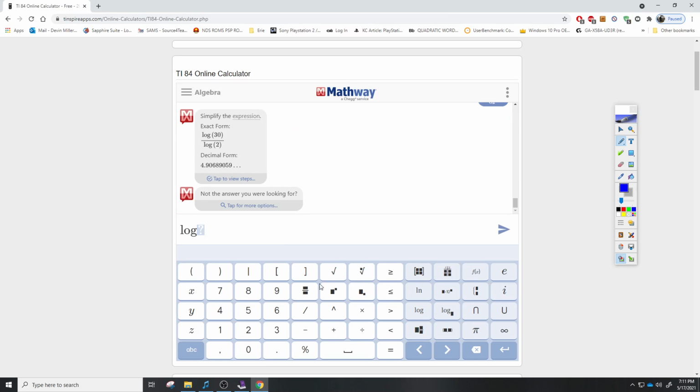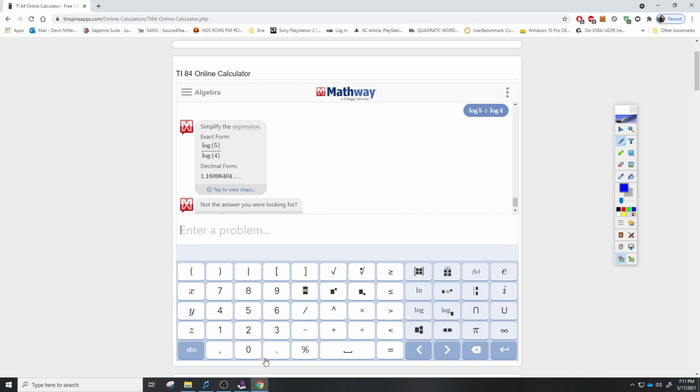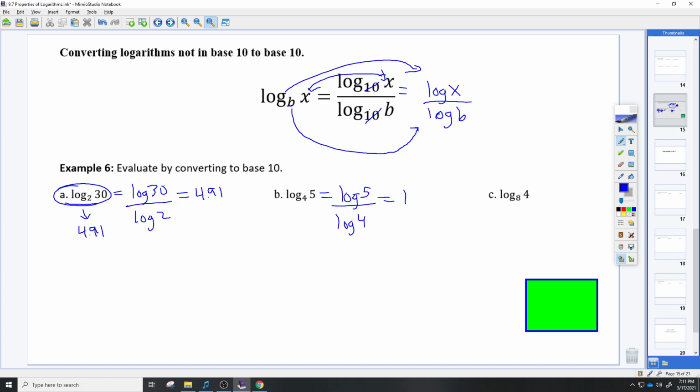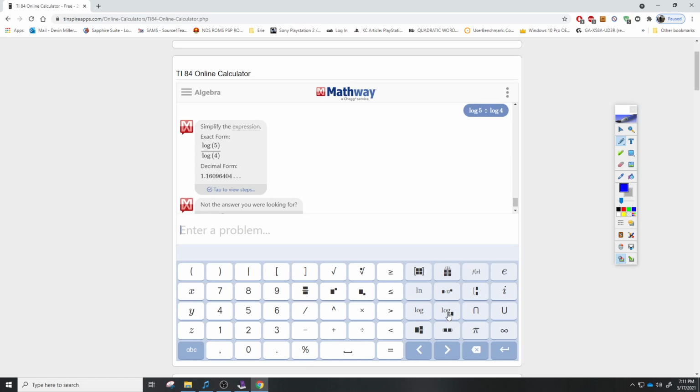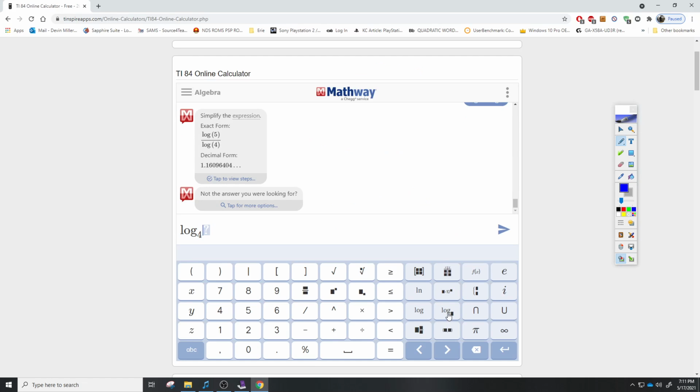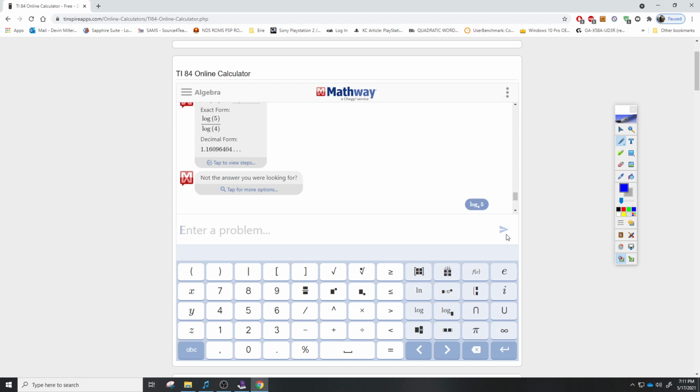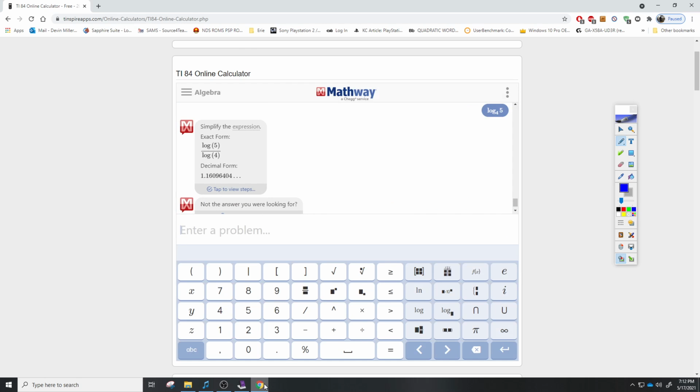So we'll do log of 5 divided by log of 4. So that gives us 1.16. Now I'm going to check this just to make sure. Log base 4 of 5, which is also 1.16.